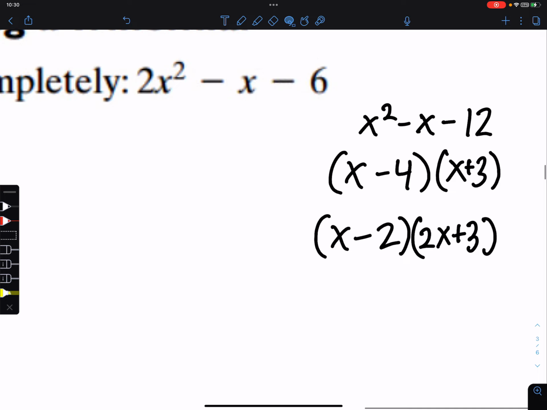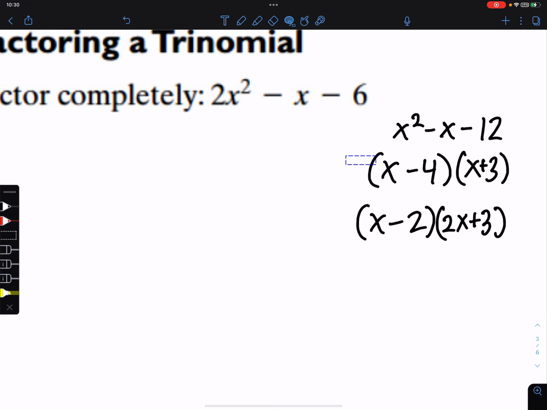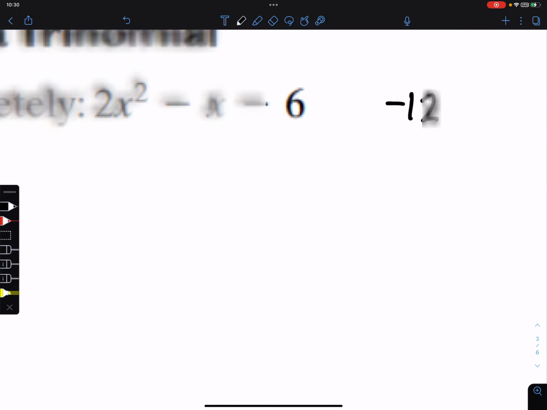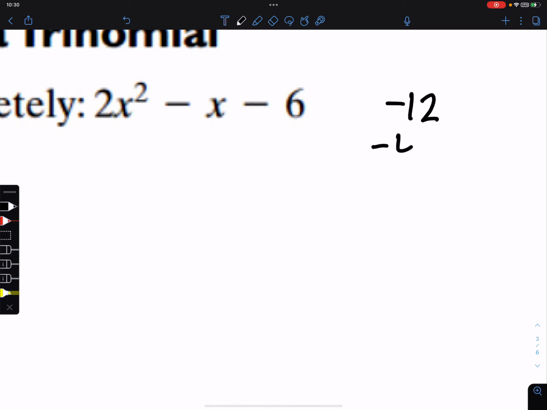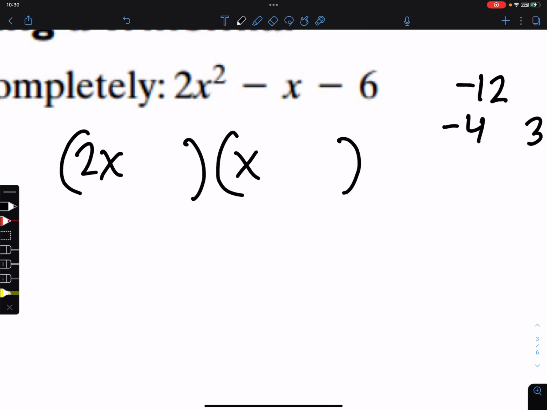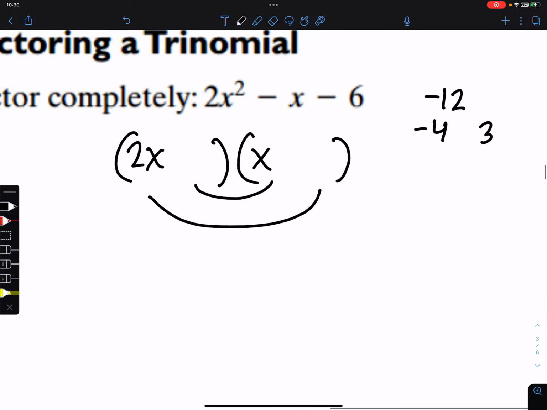Similarly, if this is also too confusing for you, you can just think of the factors. One thing you do is you don't rewrite it. You just do a times c in your head, -12. And then you think of the factors of that. How could I make -1 from there? -4 and 3. And then what you do is you put your parentheses, but then you think, this times this will give me something, and this times this will give me something.